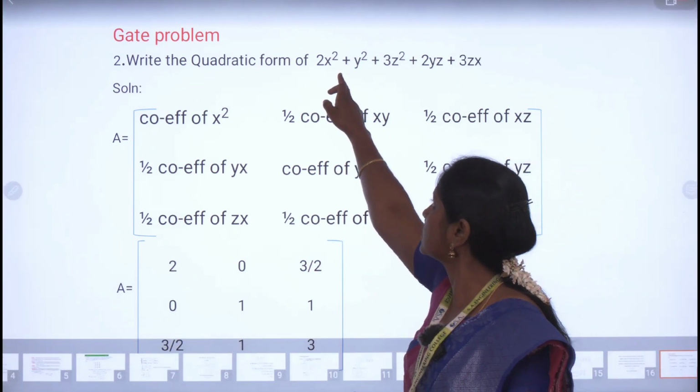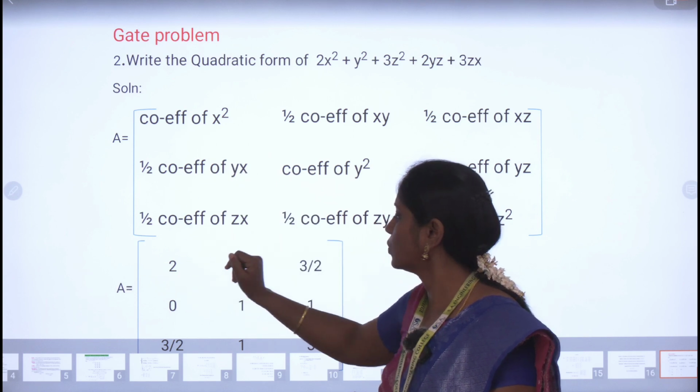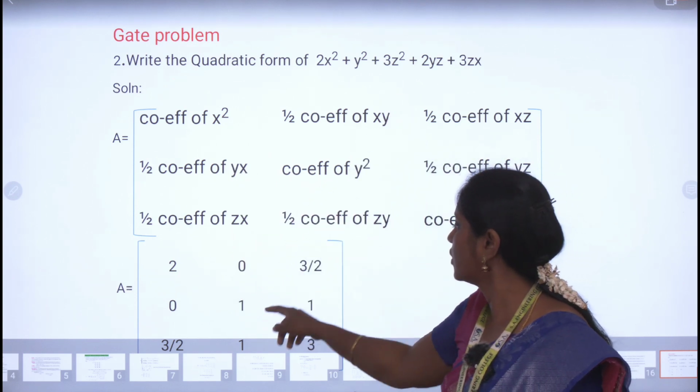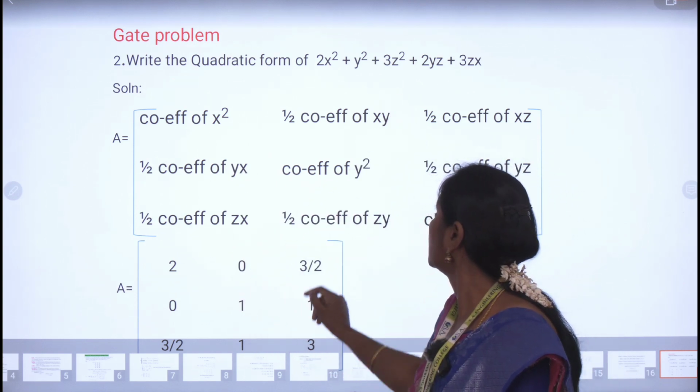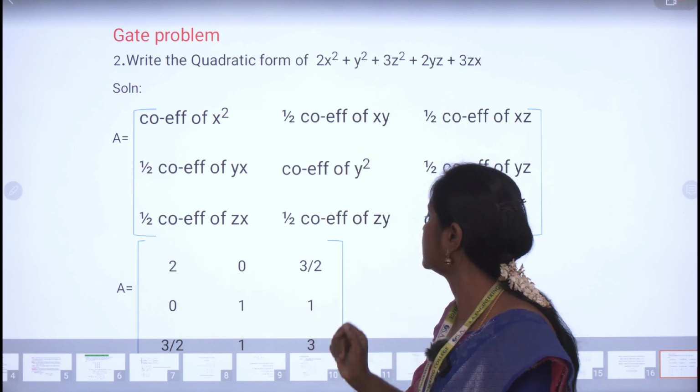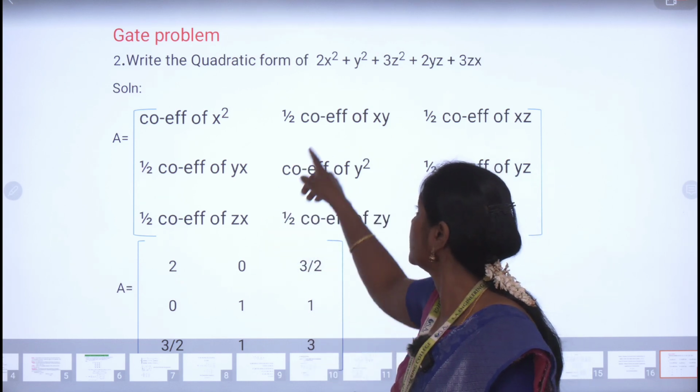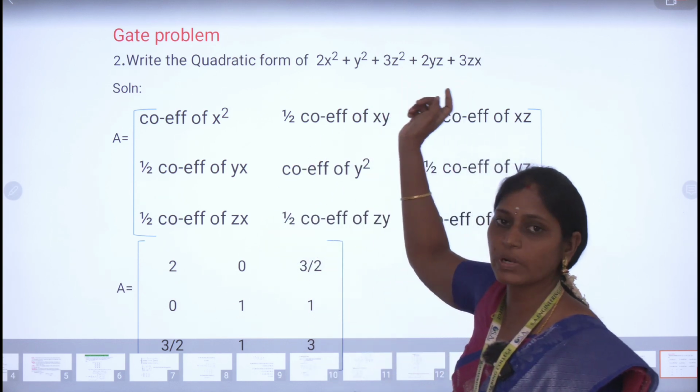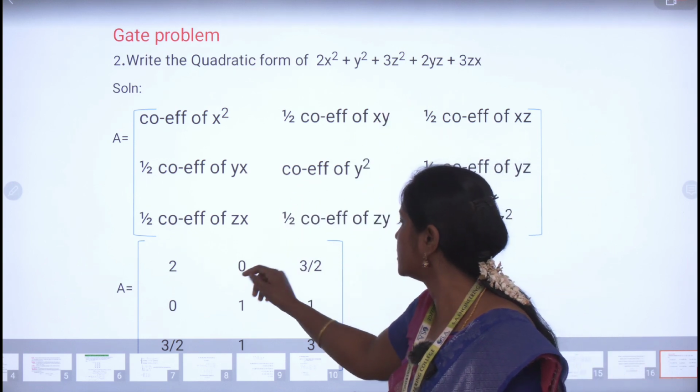The coefficient of x square is 2, the coefficient of y square is 1 and the coefficient of z square is 3. The coefficient of xy is not present here, so this value is 0.